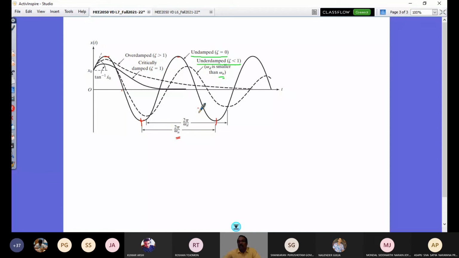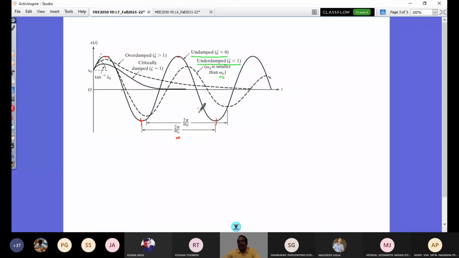So zeta omega n times 2 pi divided by omega d, where omega d is the radical of 1 minus zeta square into omega n. So this omega n goes, and it's going to be 2 pi zeta by the square root of 1 minus zeta square, which is delta. So logarithmic decrement is now explained as 2 pi zeta by root of 1 minus zeta square.